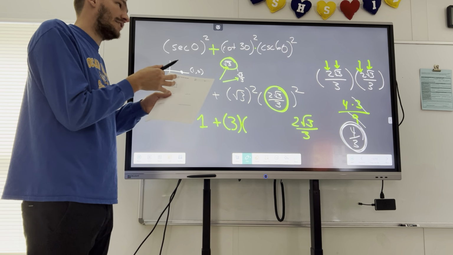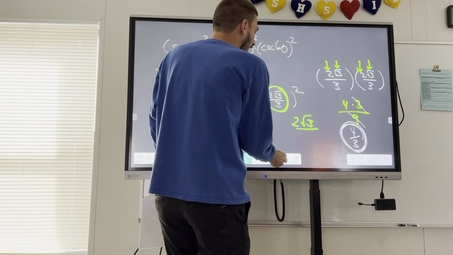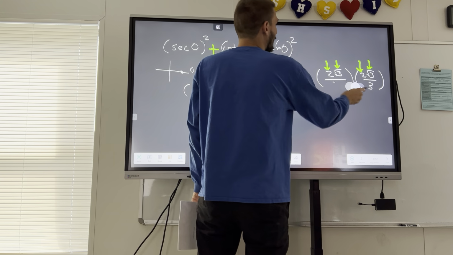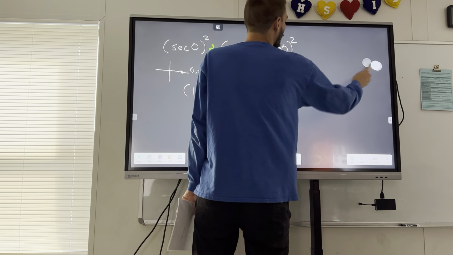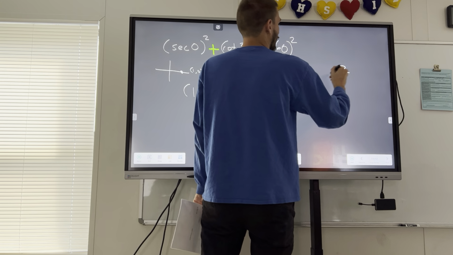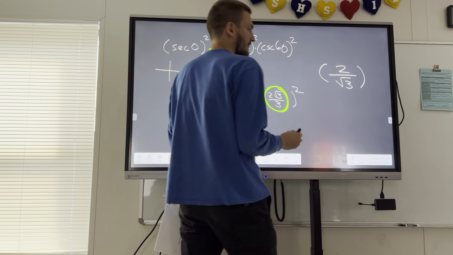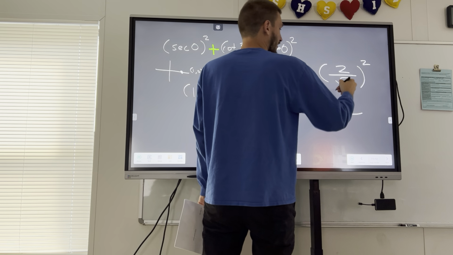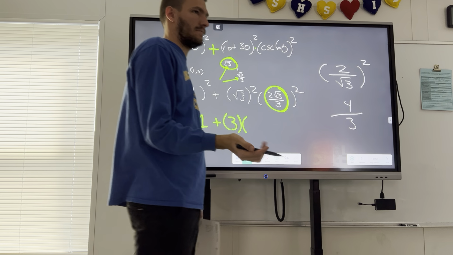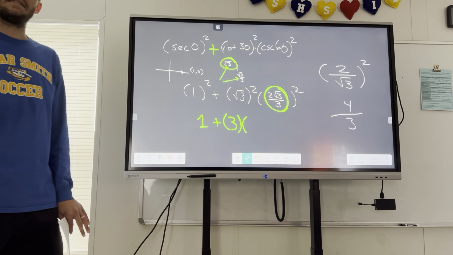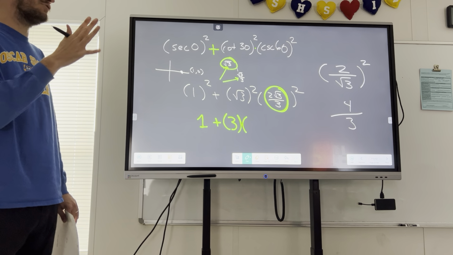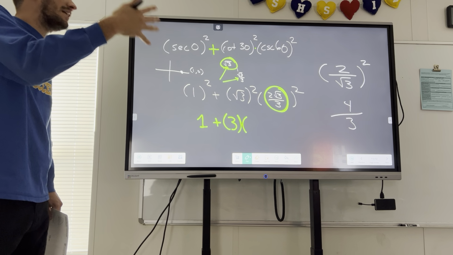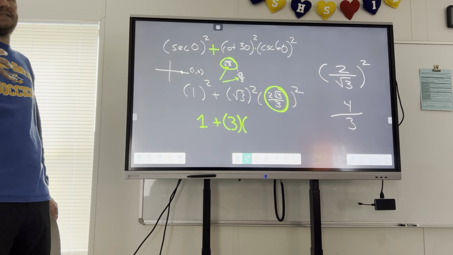It would be easier if we unrationalized it. So what if we unrationalized it for just a second? Now, when we square it, what's 2 squared? 4. And what's square root of 3 squared? 3. Done. So the pro gamer move is, sometimes it might work better if you think about unrationalizing it.